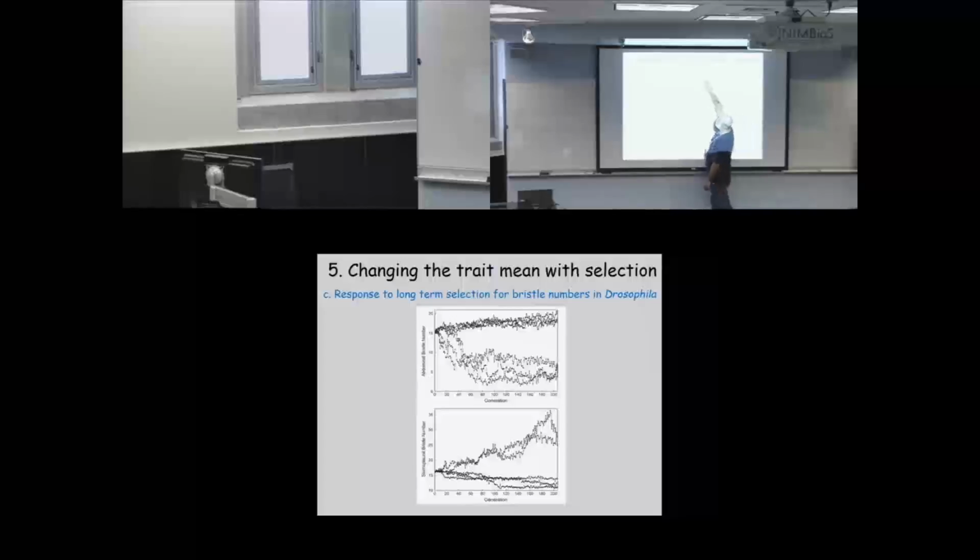But the fact that you've got a difference between the up and the down lines tells you that the direction of selection certainly is making an effect. And our best estimate of the selection response would be the middle of that distribution of line means. Now you'll notice that even though selection is constant, in these data it looks like we reach a selection plateau, not so obvious up here. But in fact, going up, we seem to have less response than going down, even though the selection differentials imposed each generation are the same.